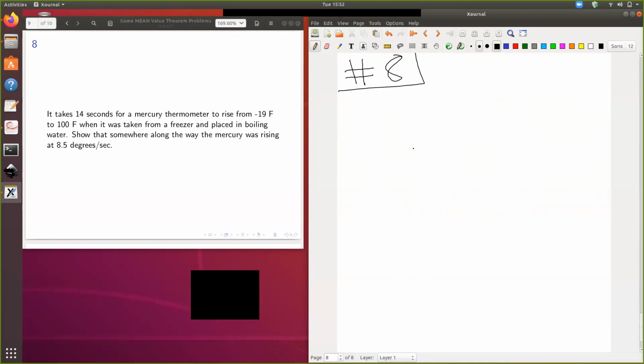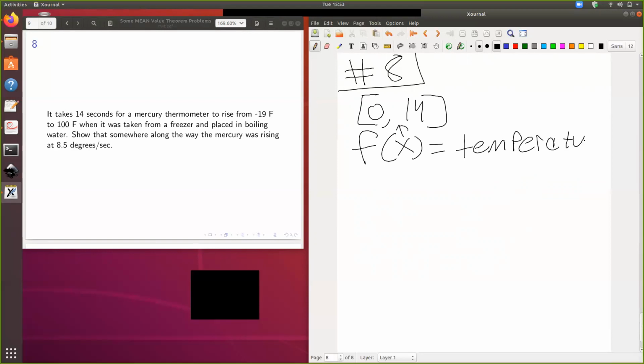We have that it takes 14 seconds for a mercury thermometer to rise from -19 degrees Fahrenheit to 100 degrees Fahrenheit. Okay, so we have an interval from 0 to 14 seconds. We have a function which, for an element x in here, equals the temperature.